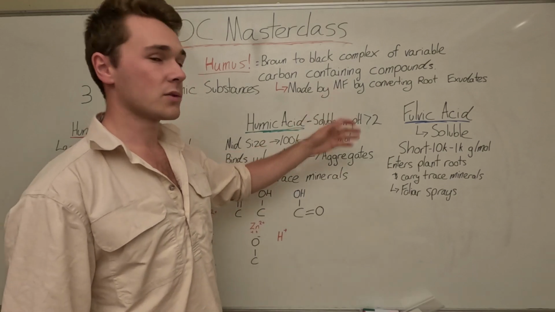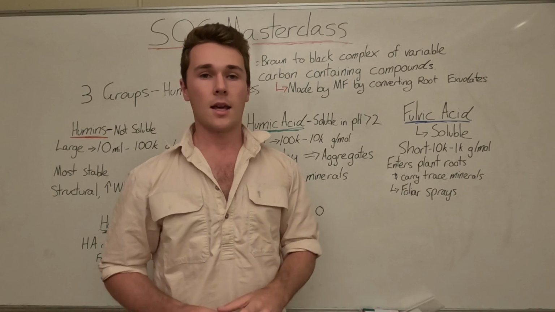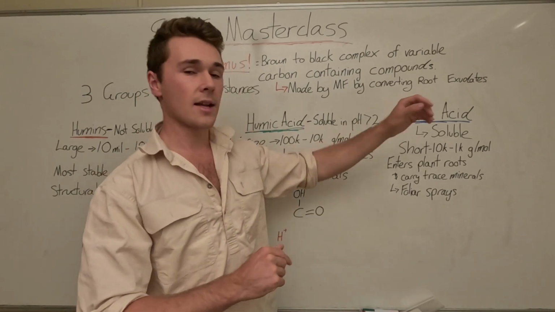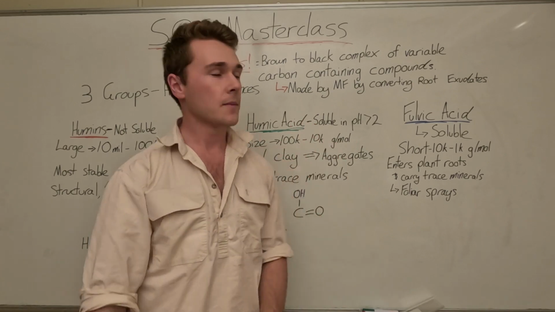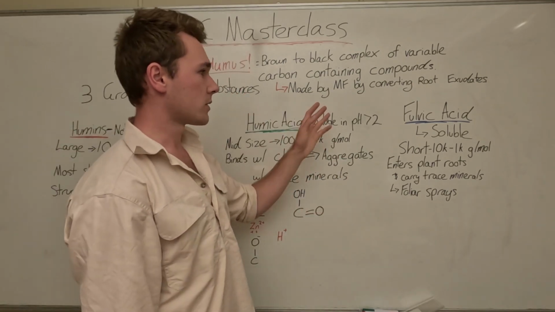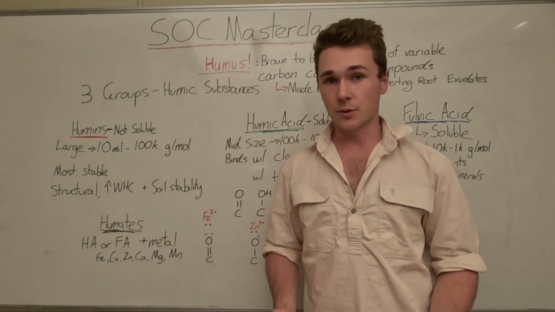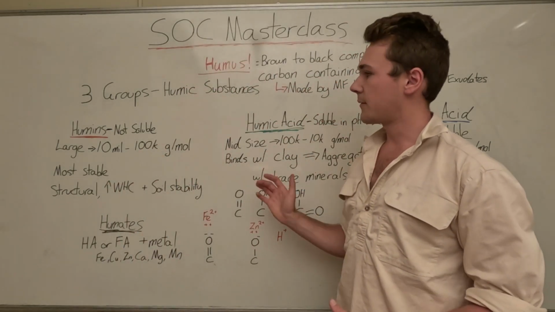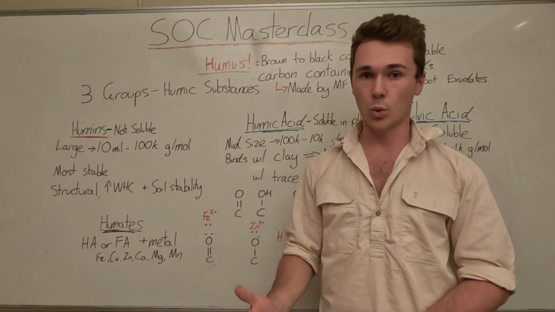Typically, the mycorrhizal fungi will actually bond into the root of our plants, and so the root exudates won't so much go into the soil, but go straight into the mycorrhizal fungi to then produce humus. So when we talk about humus, humus can actually be broken up into 3 different groups. And each of these different groups are characterized by their solubility in water.